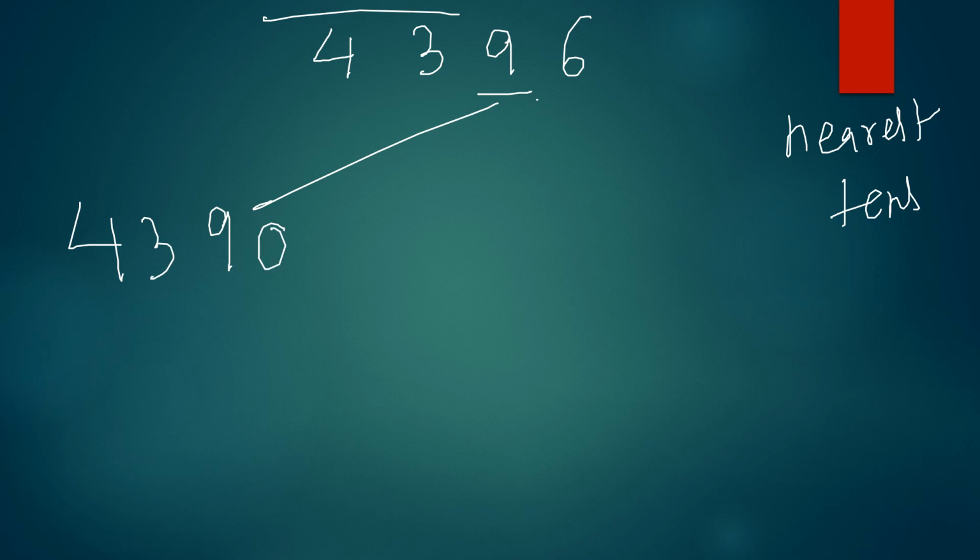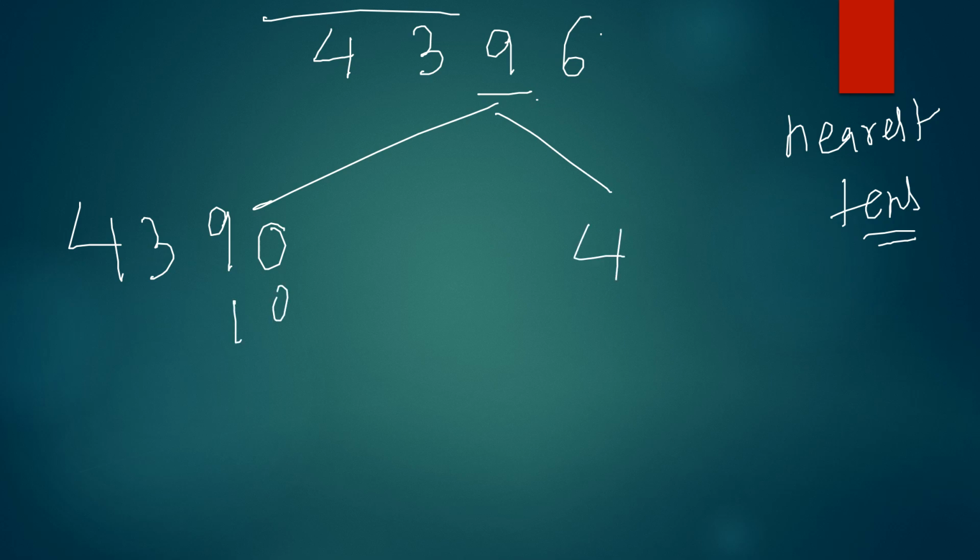Always remember, tens has one 0 at the end in the ones place. In another way, if you are not understanding, just remember since it is tens, after the tens place, count how many digits there are. You will put that many 0s. Now see, after 9 there is only 6, only one digit, so you will put one 0. To find the greater 10, you will just add a 10 here.